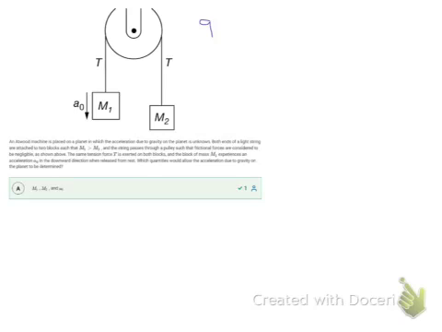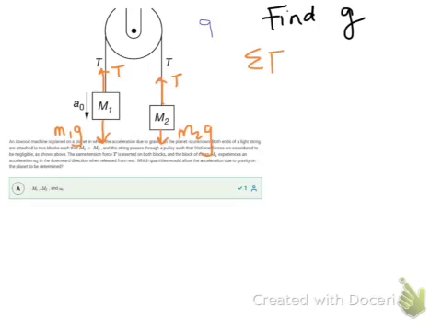Right, an Atwood's machine on a mystery planet. We want to figure out what quantities we need to find g. So if we look at our forces, we've got tension acting on both blocks and the weight acting on both blocks as well. I know which direction it's accelerating, so I can use that system formula. So net force equals total mass times acceleration.